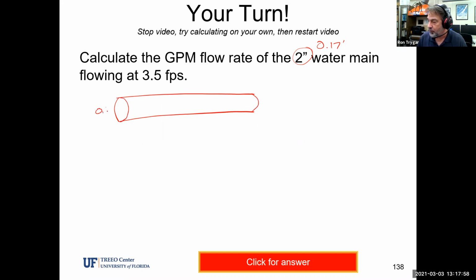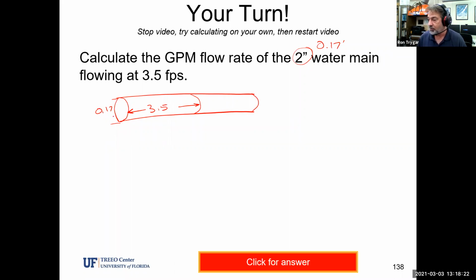It's 0.17 diameter, and it's flowing. Let's say that this is 3.5 feet here, and it's moving through there at that many feet per second. So now what do we need to do? Let's make this cubic feet per second.